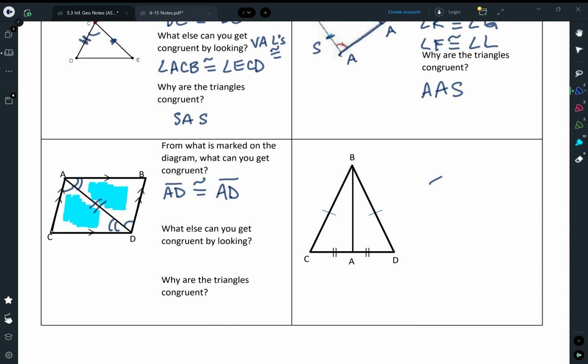So I'm going to talk about angle CAD, congruent to angle BDA. And again, these are alternate interior angles. And then we'd have angle ADC, congruent to angle DAB.